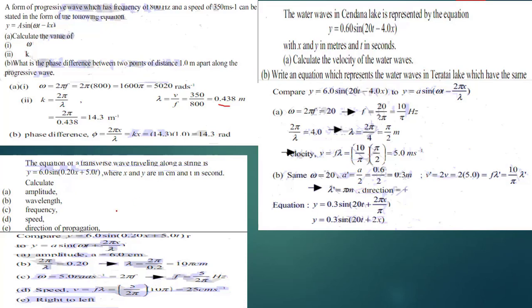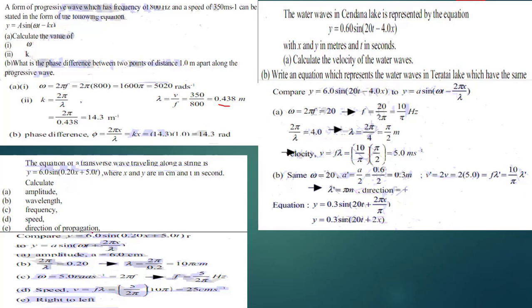Another question: we have a transverse wave traveling along a string, given the equation where x and y are in centimeters and t in seconds. The units are in centimeters and t is in seconds, so be careful of the units. Calculate the amplitude. We know the amplitude by comparison.